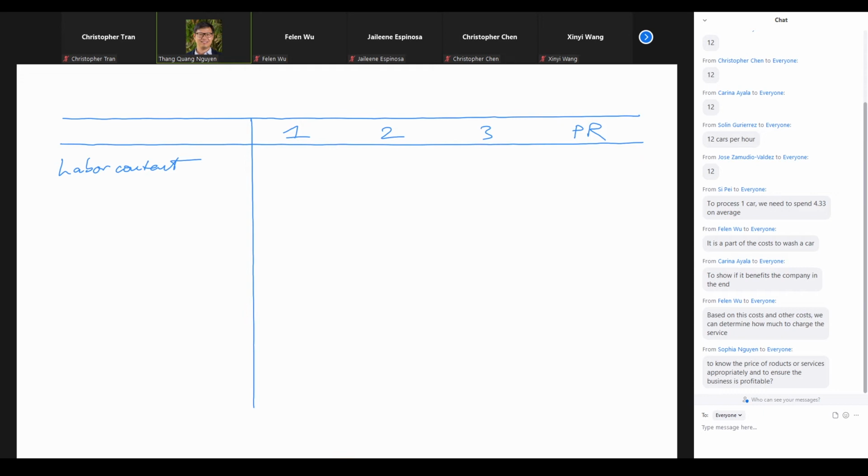In terms of the symbol, we would call this LCT. It's just an acronym, right? And what it tells us is the required work time per car. So let me use another column.